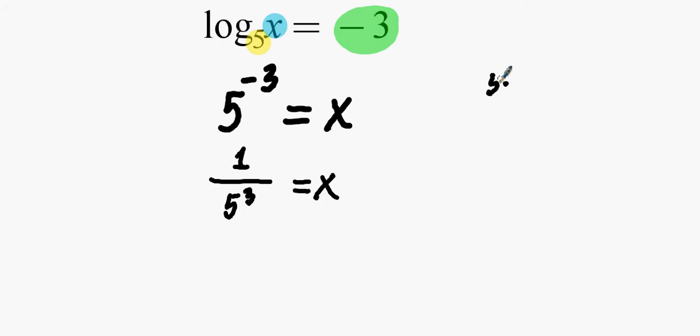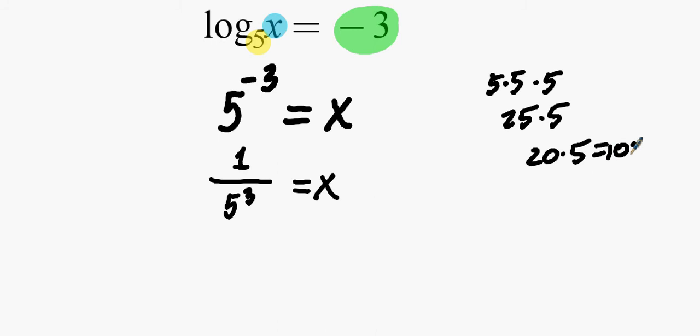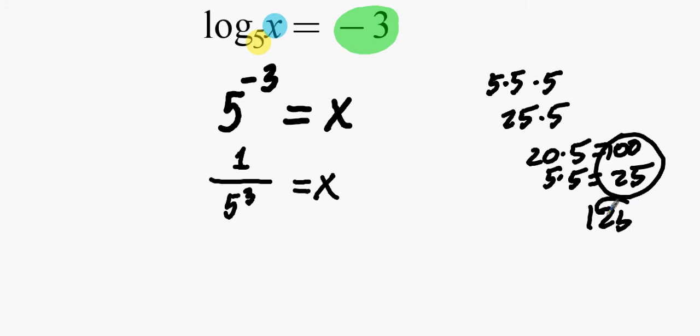That's 5 times 5, which is 25, times 5. 25 times 5 is the same as 20 times 5, which is 100, and 5 times 5, which is 25, and then you add those two up and you get 125. I just wanted to show you how I do this in my head very quickly, but this is a slow way of explaining that. So 1 over 125, that's x.